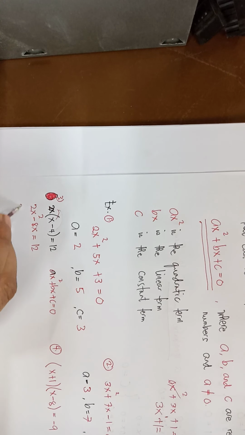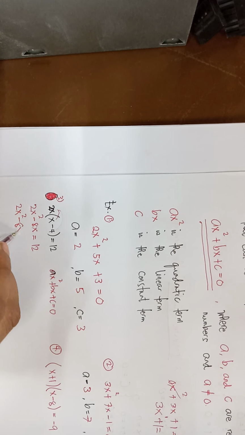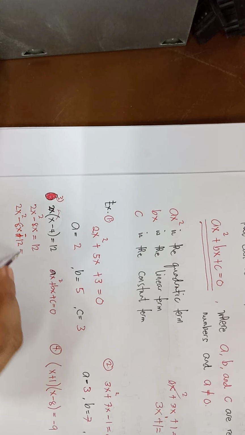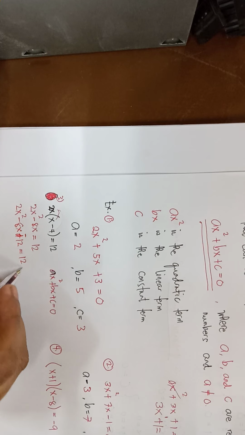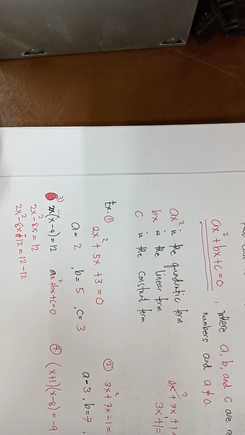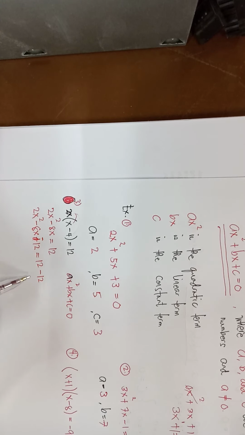Okay, so we have 2x squared minus 8x minus 12, that is equal to 12 minus 12. If we subtract 12 on the right side, we have to make sure that we are also subtracting 12 on the other side.